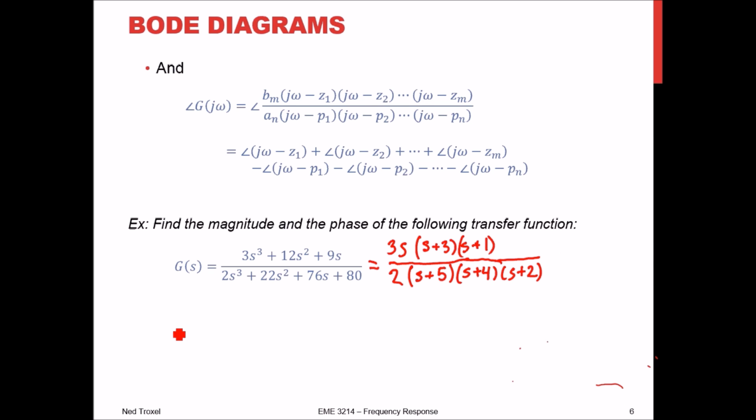And so then eventually we would be able to find the magnitude in decibels of G(j omega). That would be 20 times log 10 of this gain here.